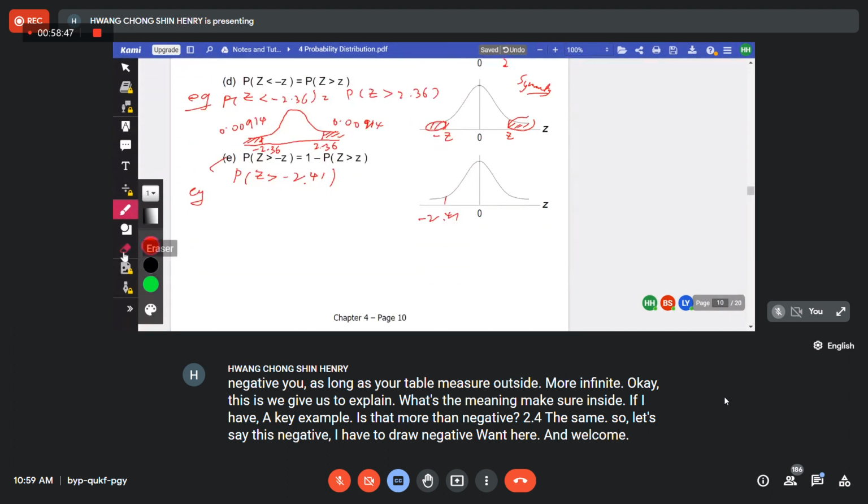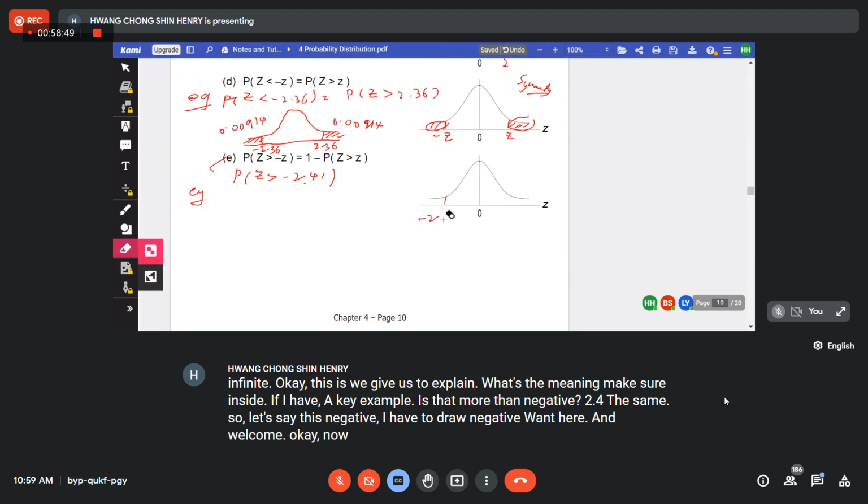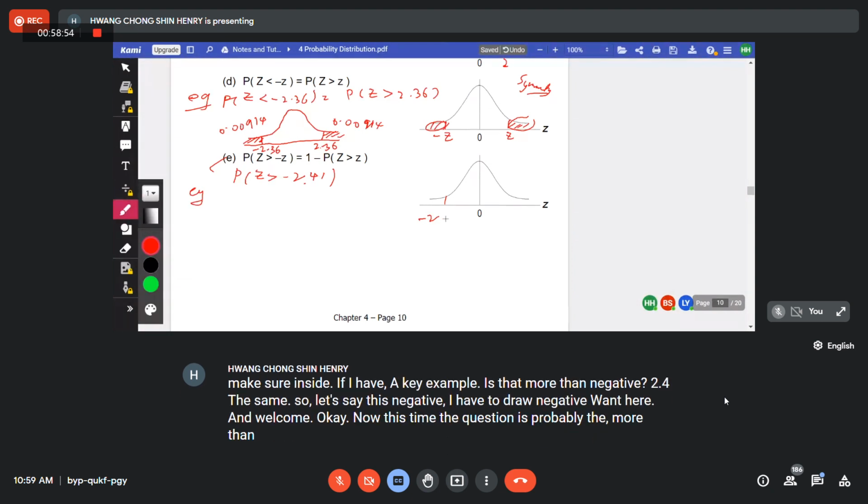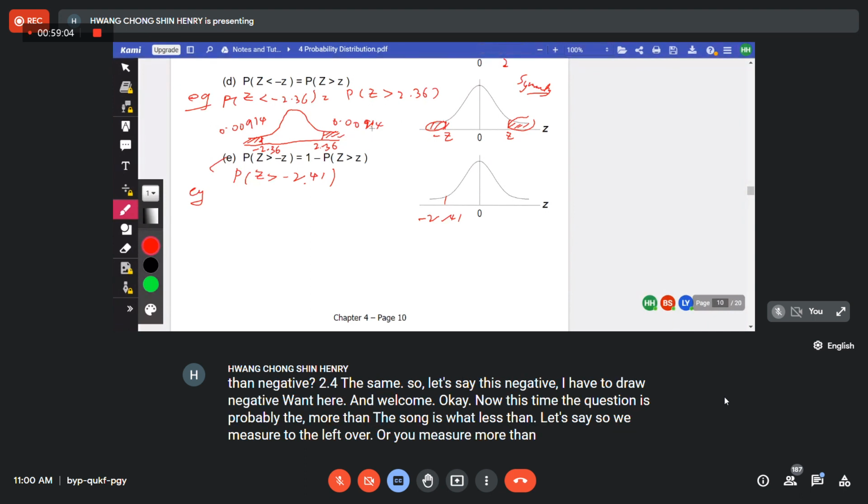Everyone follow? Okay. Now, this time the question asks probability more than. Just now was what? Less than. So we measure to the left, the smaller, or you measure more than to the right. Both are the same.